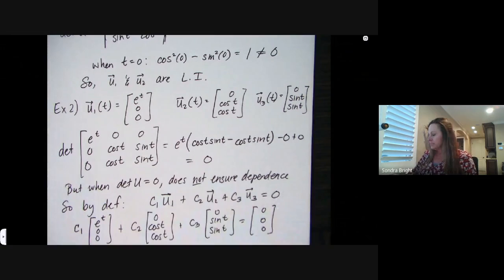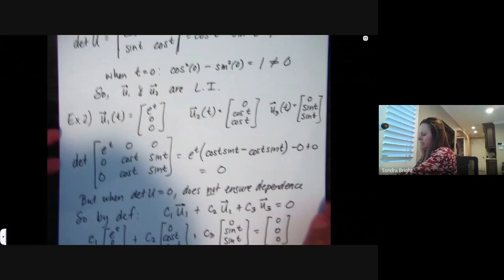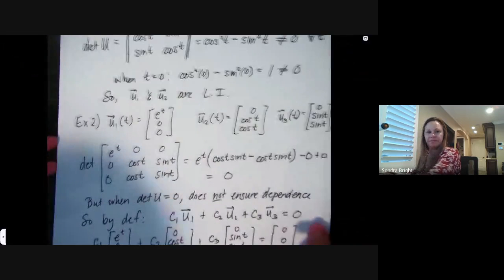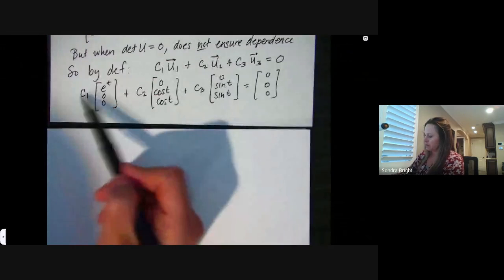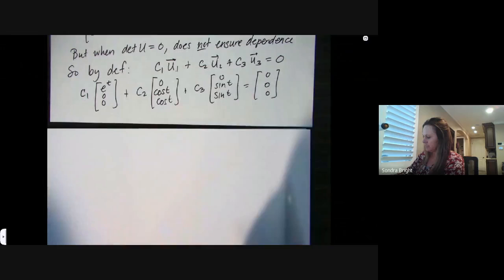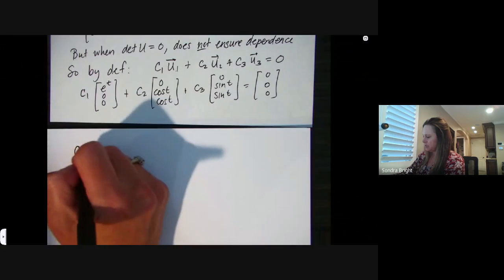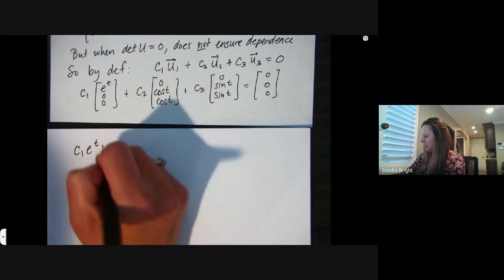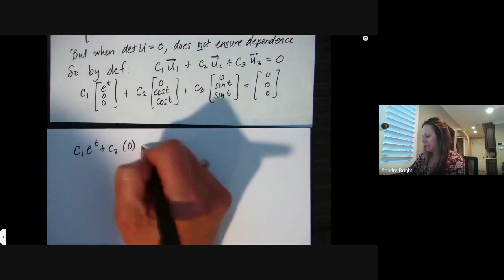All right, so adding matrices together, what that gives me now is C1, okay, so the whole first row would be C1 times e to the t plus C2 times 0 plus C3 times 0 equals 0.